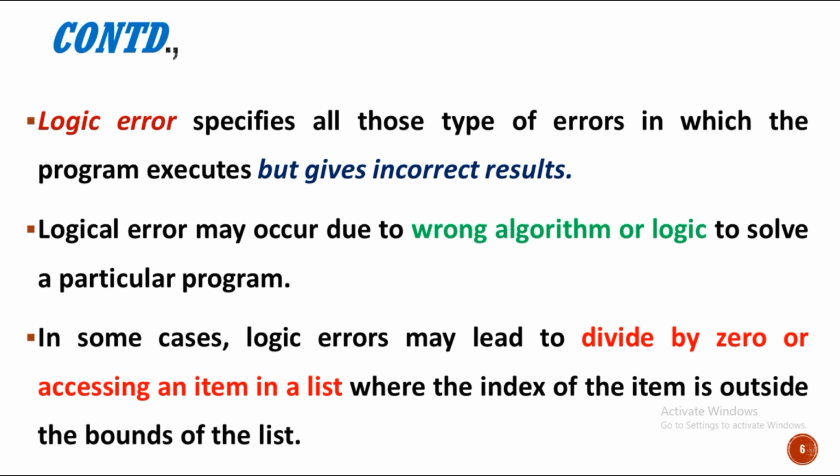On the other hand, we know about logical errors. A logical error covers all types of errors in which the program executes but gives incorrect results. This means the programmer knows the syntax and the programming language in detail, but could not understand the logic of the solution.